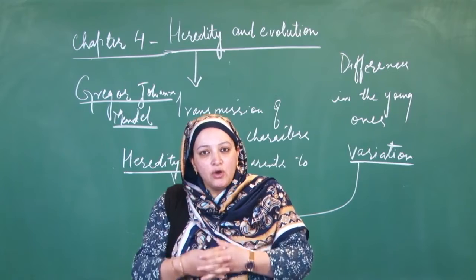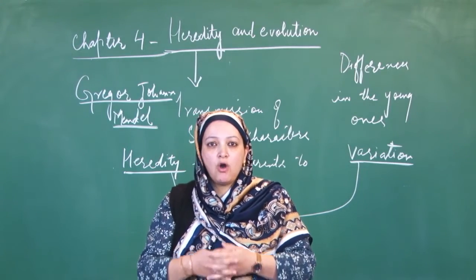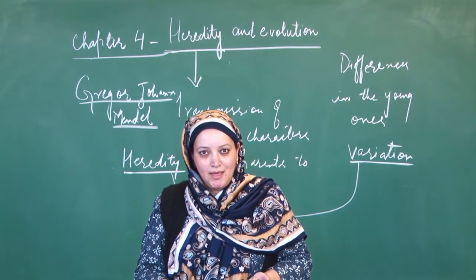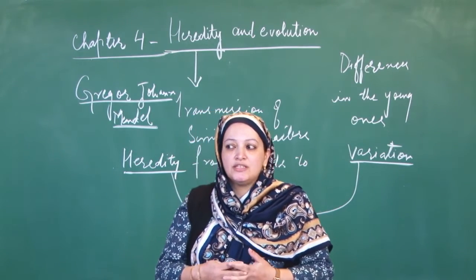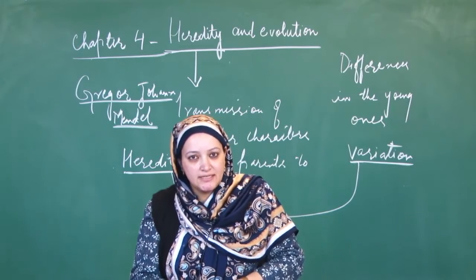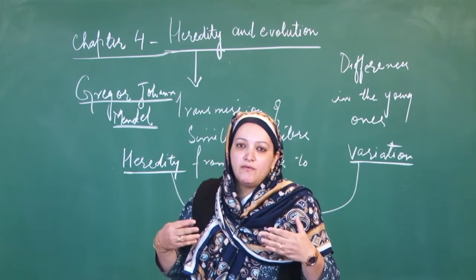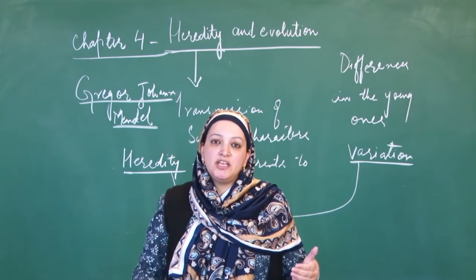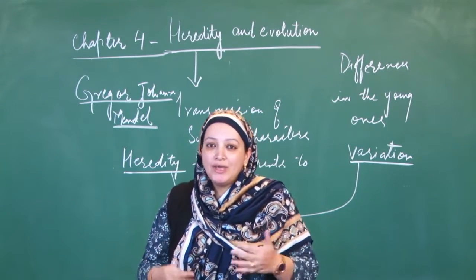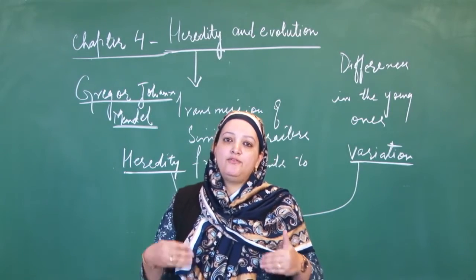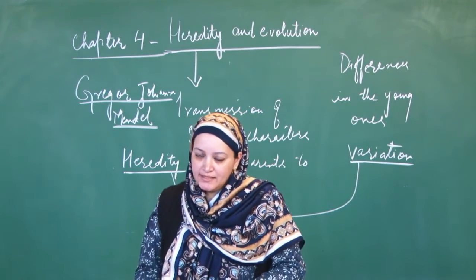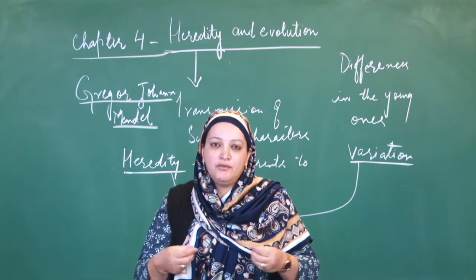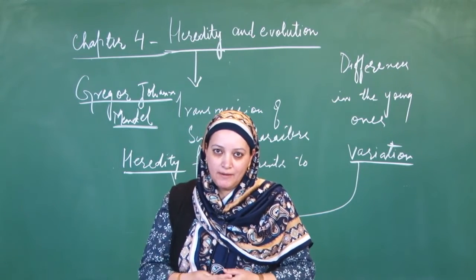And Gregor John Mendel is called the father of genetics because he did the experiments where he showed how characters are inherited from parents to offsprings and how the dissimilarities or the variation arise in the young one.